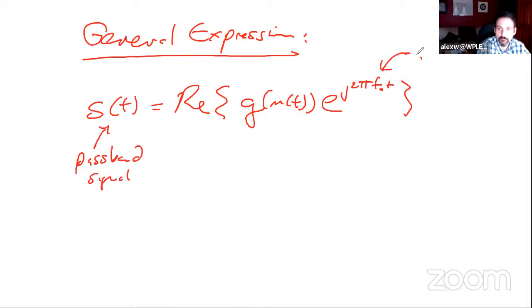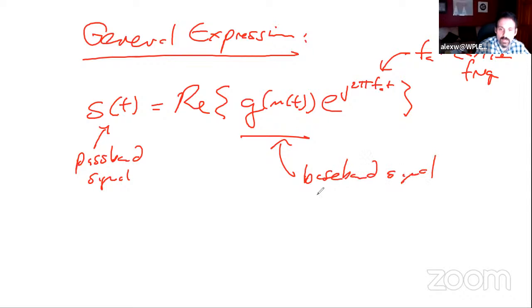So fc, that's our carrier frequency. And this here, that's our baseband signal, and it does a mapping from our message signal m of t to that signal, right?